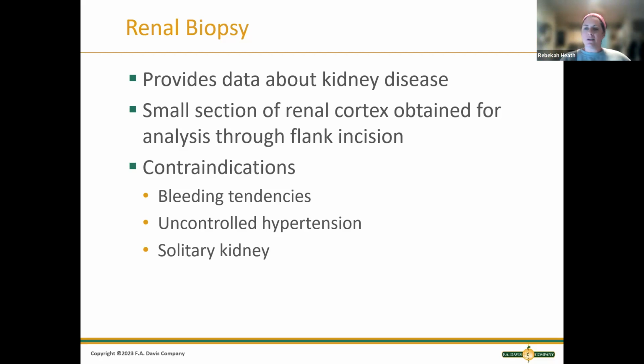Or if they have a solitary kidney, most of us have two kidneys. Occasionally people are born with one. Occasionally there's one that's removed from illness or injury, or they've donated it. Sometimes somebody donates a kidney to another person for transplant. That might be a contraindication, because we really want to preserve their kidney function if at all possible.